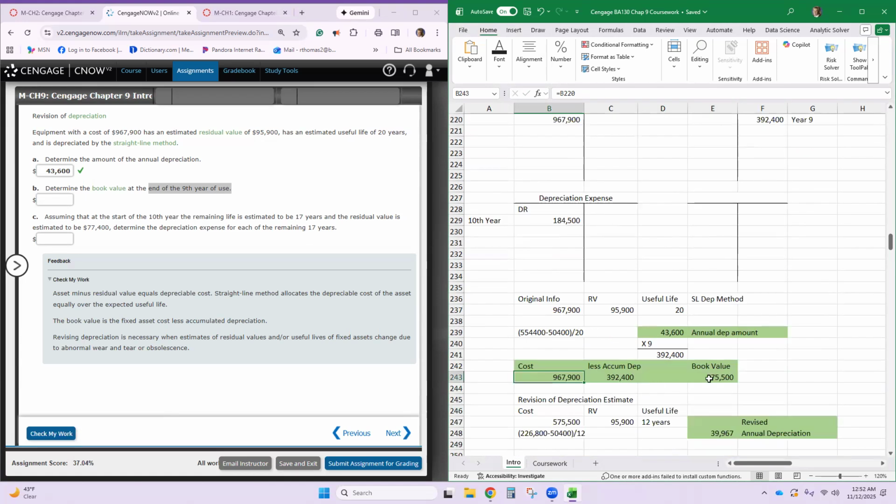So the book value after 9 years of depreciation is $575,500. Another explanation for book value is that it's the remainder of the asset to expense.